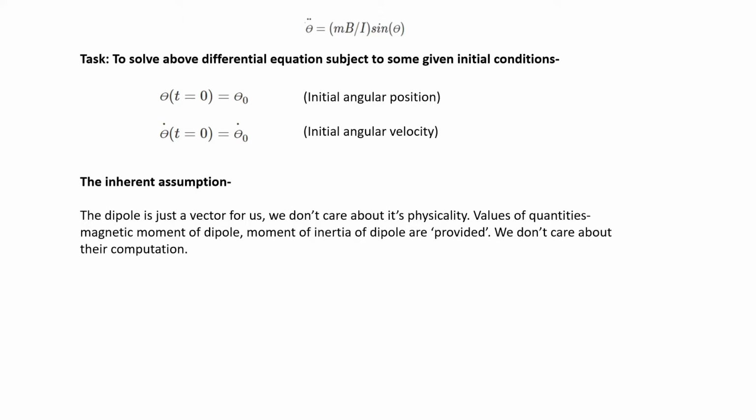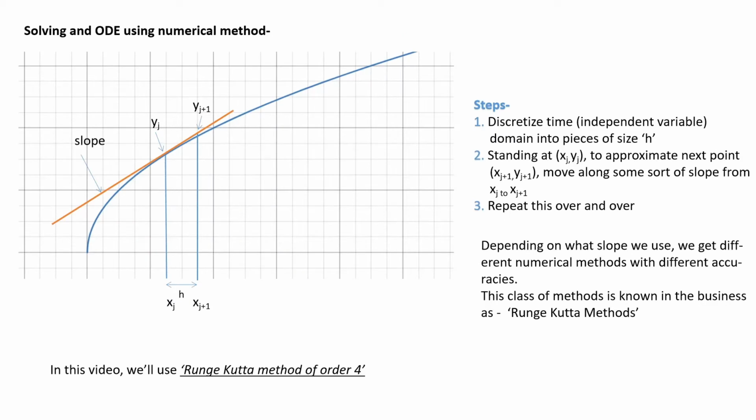Okay, moving forward, solving an ODE using numerical method. Okay, so the philosophy to solve an ODE using numerical method is summarized in the following 3 steps. First thing we do is we discretize the time, which is the independent variable, into pieces of size h.